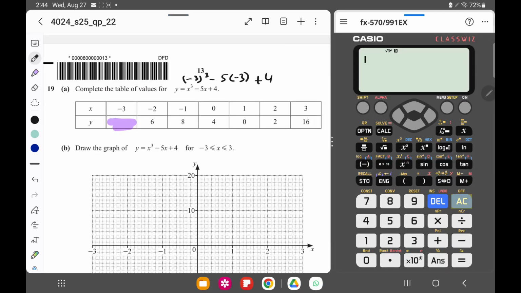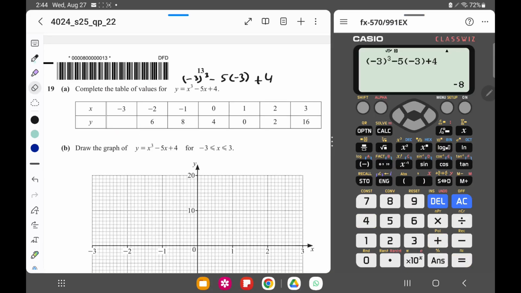Take your calculator: minus 3, then cube, and then minus 5 times minus 3, be careful, and then plus 4. So you are getting minus 8.